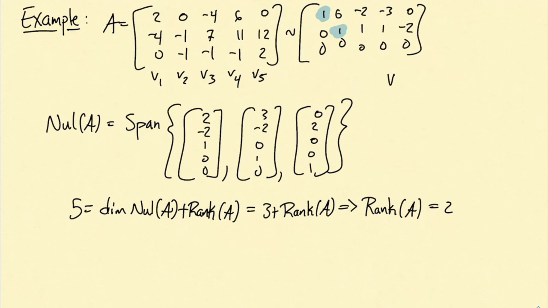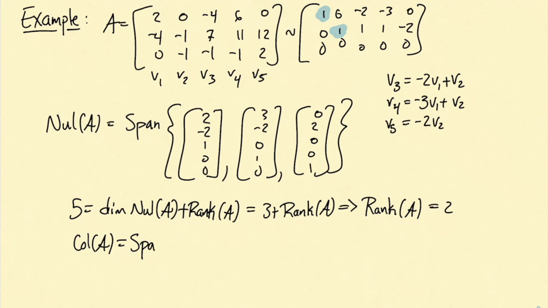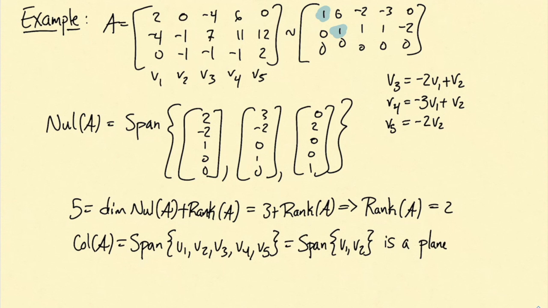To see this explicitly, we can observe that the reduced row echelon form allows us to write each of our vectors V3, V4, and V5 as a linear combination of V1 and V2. It's important to note here that this plane does pass through the origin because our column span is in fact a subspace of R3.